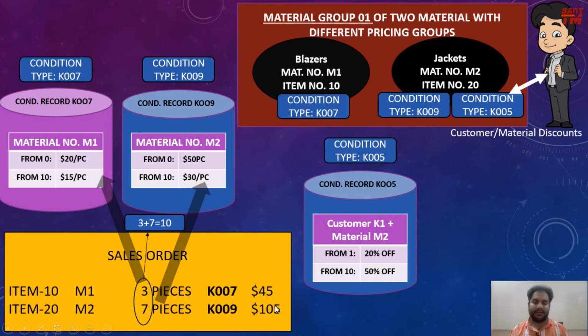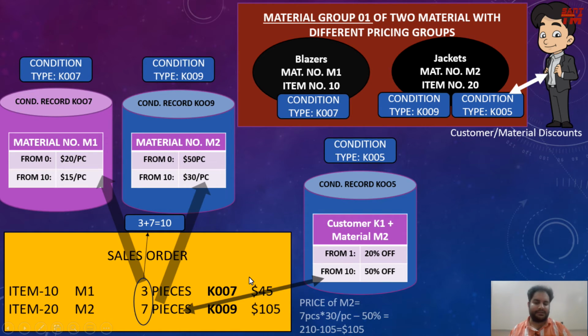But here the final amount is written as $105. How? This is because one more condition type, K005, is also acting on material number M2 for this customer. This condition type K005 will say that as you are buying 10 pieces, 50% off would be given to you. So $210 minus 50% will give us $105.